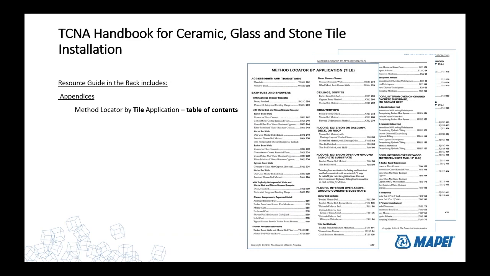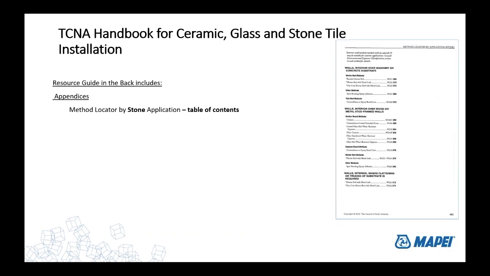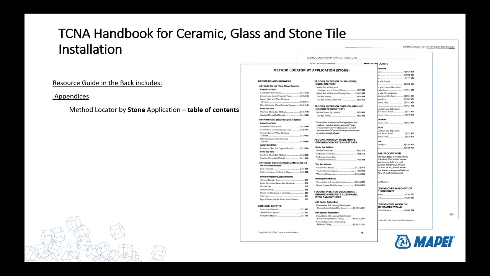If you're looking for a curbless shower or curbless shower pan, go to the first page of the method locator by application for tile. You'll see it right away and be able to look up that method number and the exact page. There's also one for stone, very similar to the tile one, set up by application, page number, and just specific to stone.